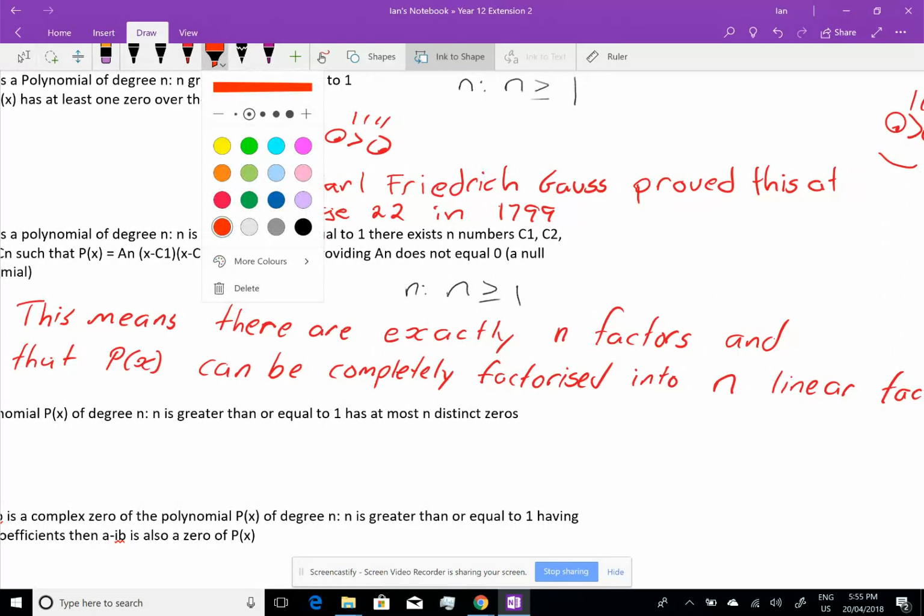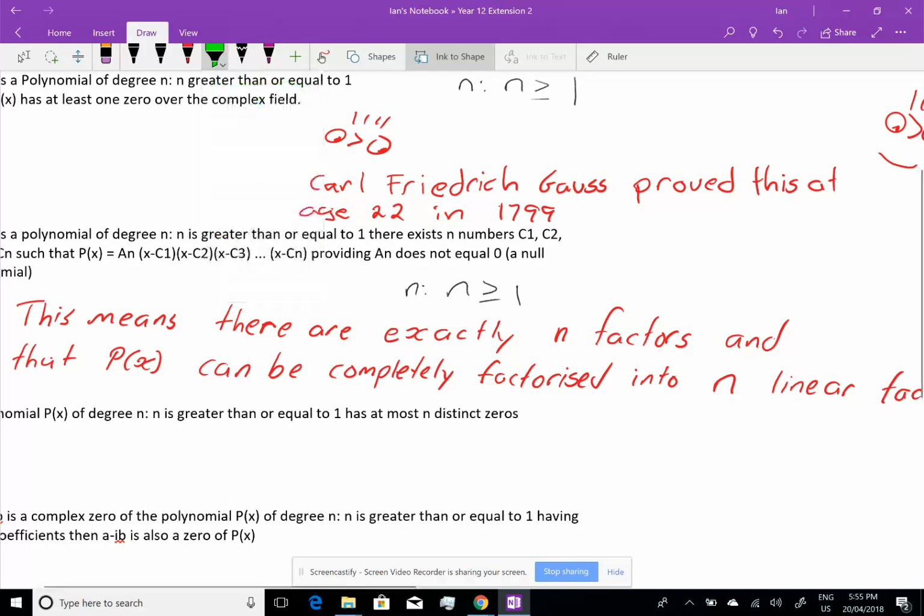And that exactly bit is important. It means that there are exactly n factors.